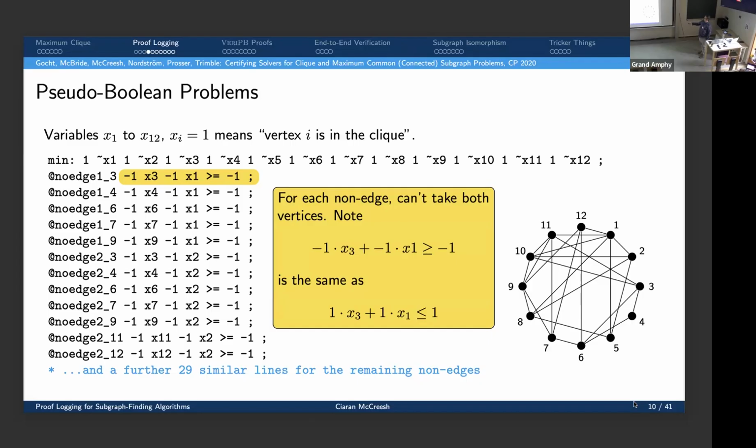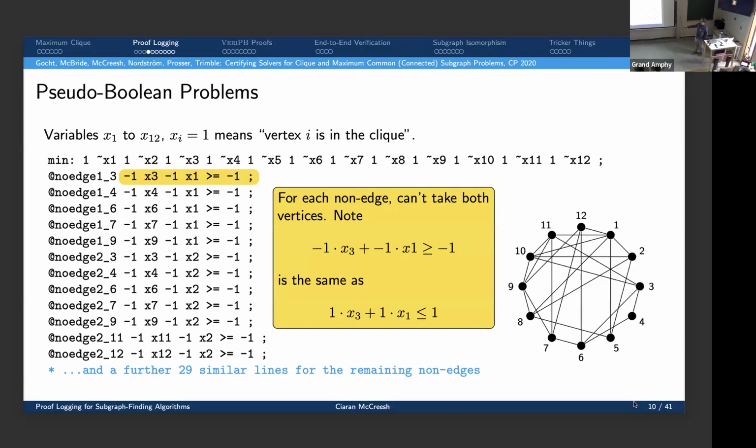So for every non-edge, I'm going to have one of these lines in the file. Now, Jakob told you earlier that every constraint gets a number. The way that VeriPB works, this will be constraint number 1, constraint number 2, constraint number 3, constraint number 4, etc. This is a bit hard to read, so we can also give a constraint a text label.